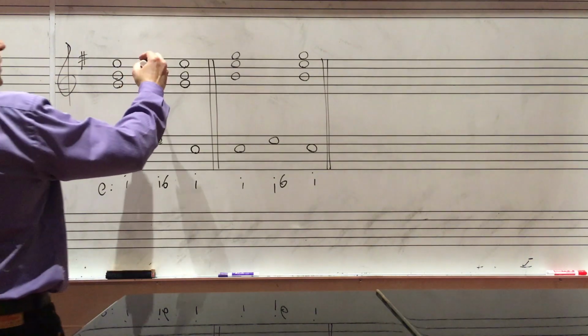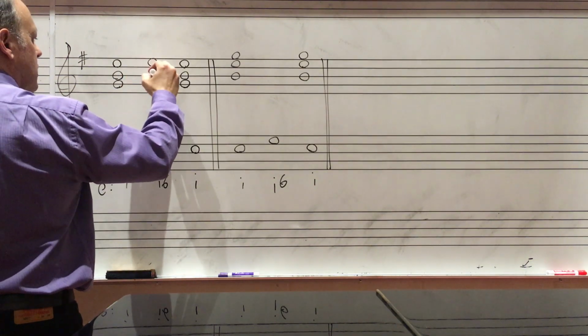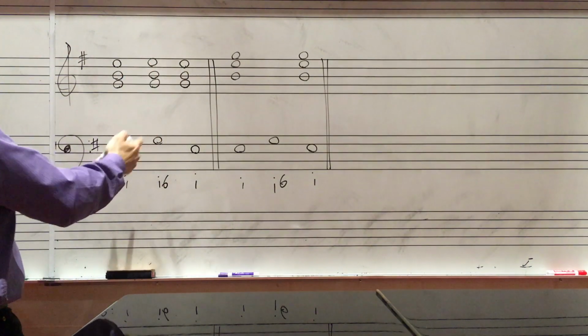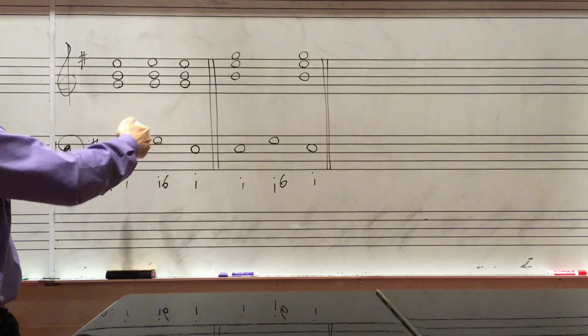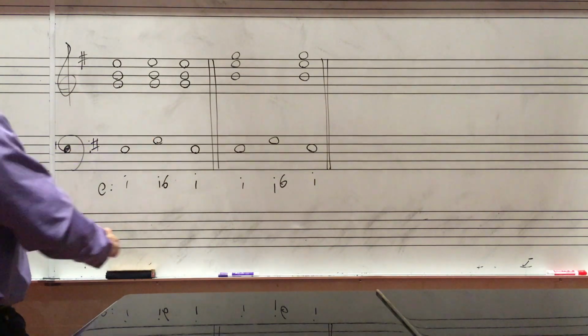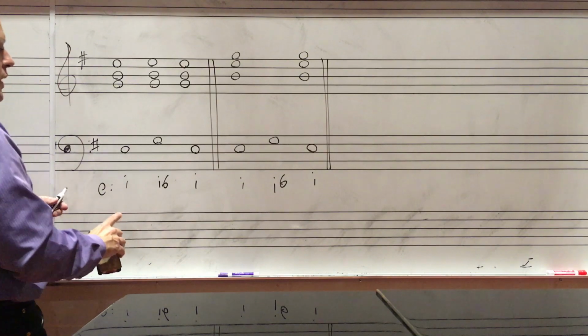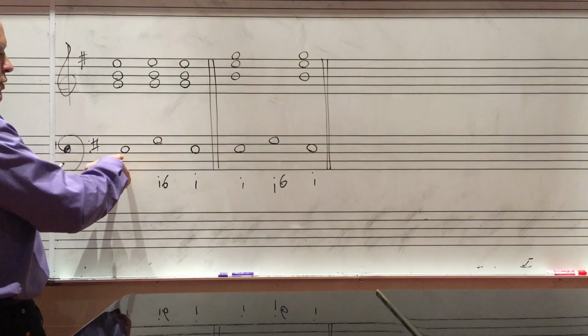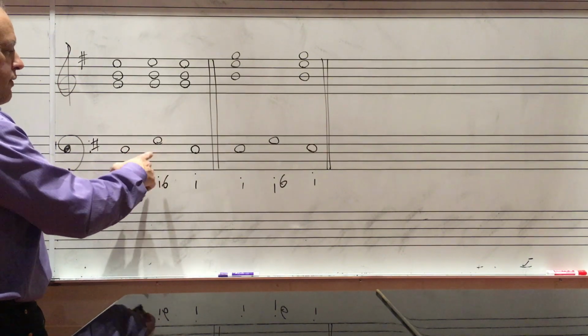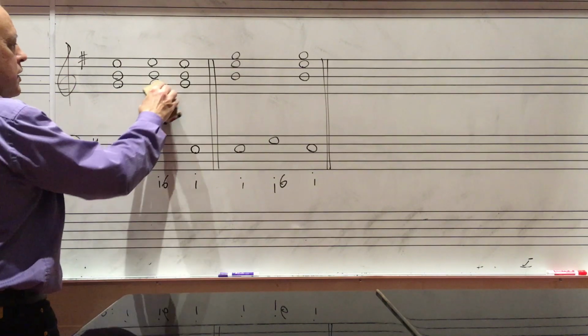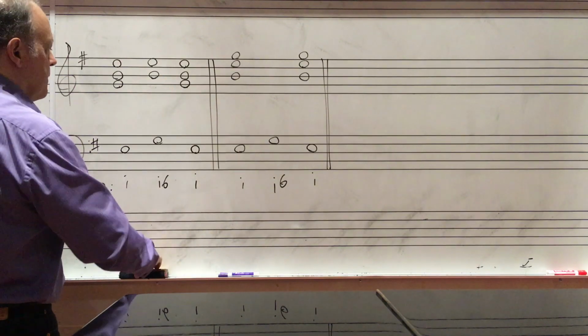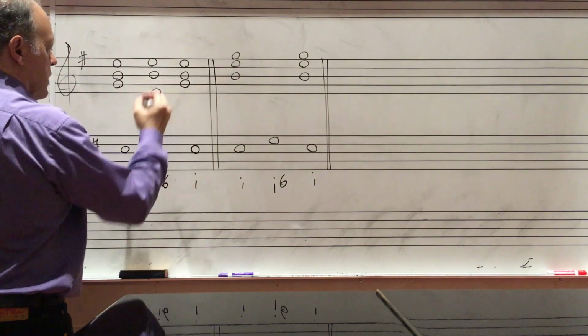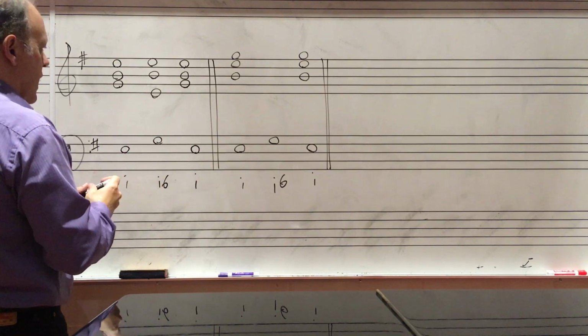And again, if I just held on to the opening triad, this would give me a doubled third. So I don't want to have that. What I want to look for is the possibility to avoid that by having a voice exchange. If this is going from E to G, do I have a G that could move down to an E? And I do right there. So same idea as before.